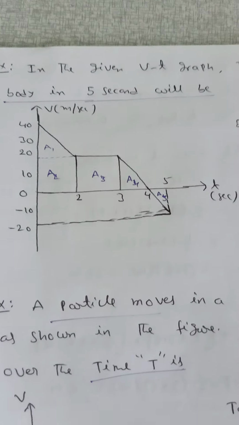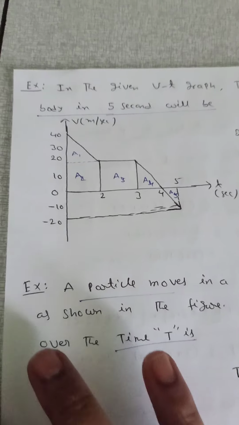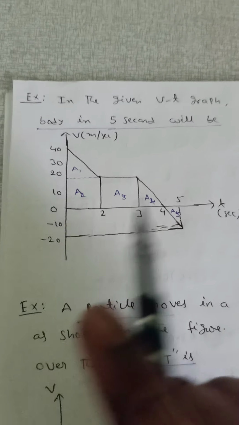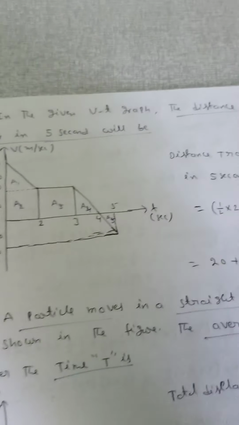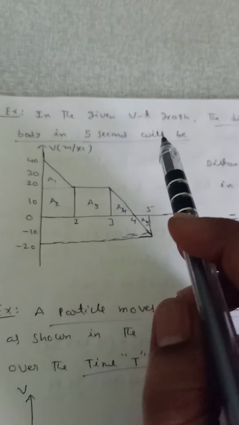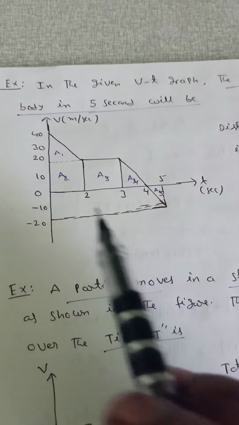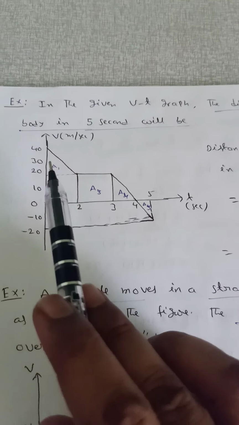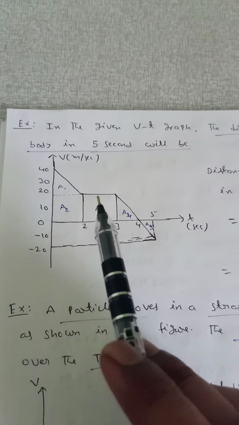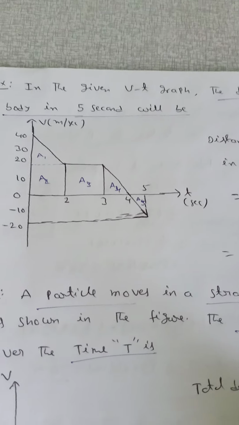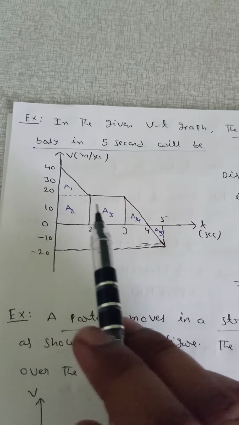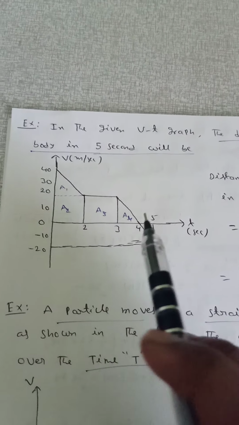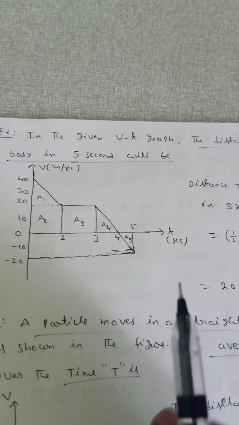And next one, another model. In this given velocity time graph, the distance traveled by the body in 5 seconds, from 0 to 5 seconds, is shown. But this graph is cut into different areas.